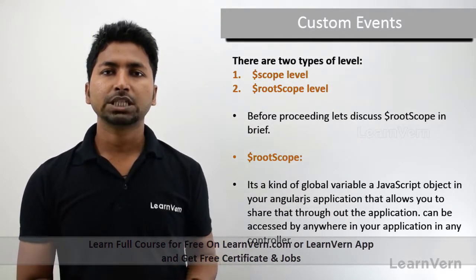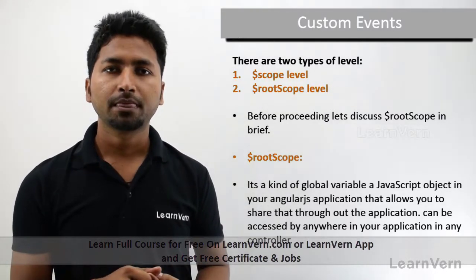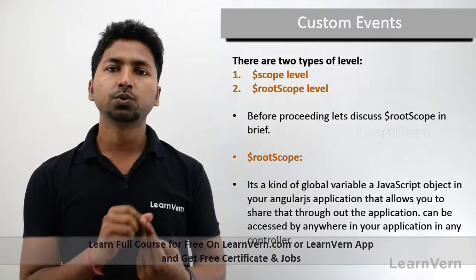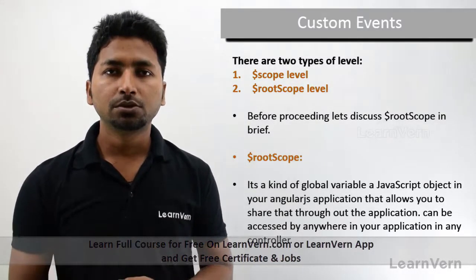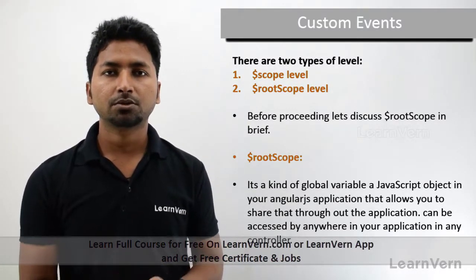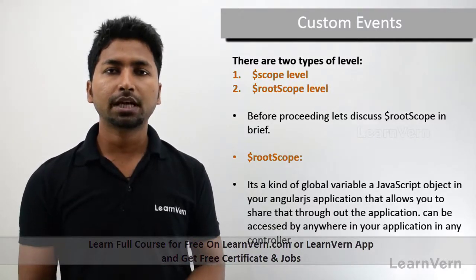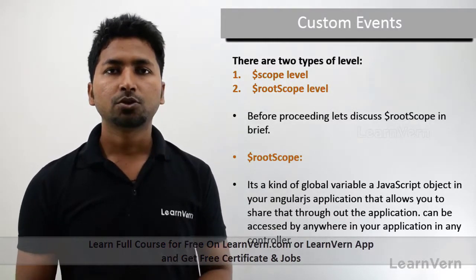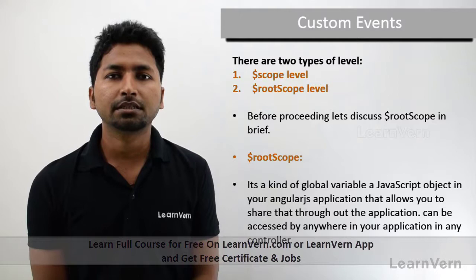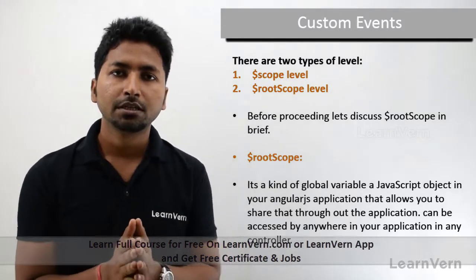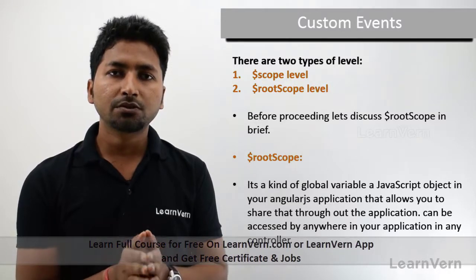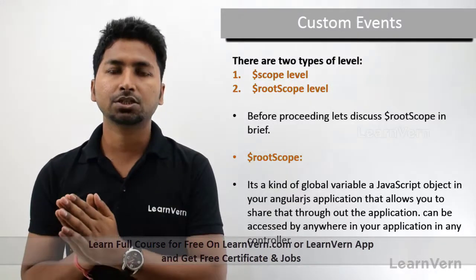These are done at two levels. First is scope level, and the second is root scope level. I know that you are new to root scope and don't know much about it, so let me tell you in brief. Root scope is a JavaScript object which allows you to access your variable throughout your application.